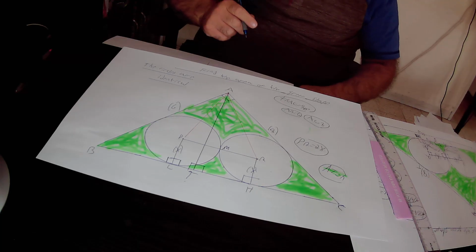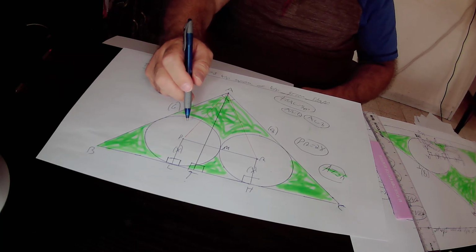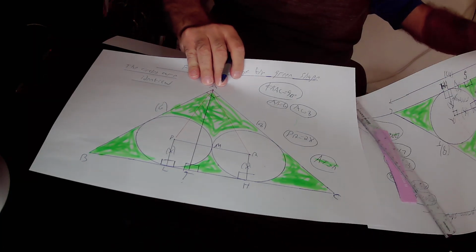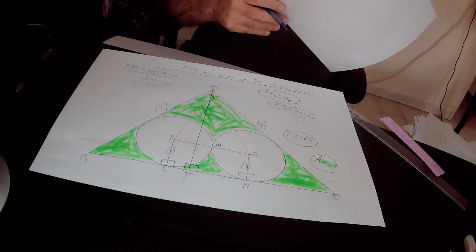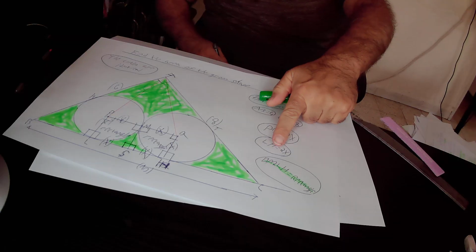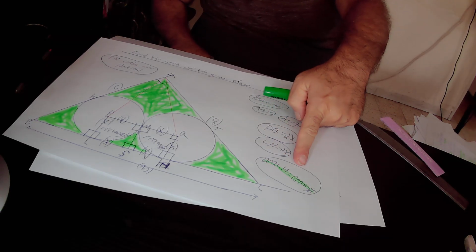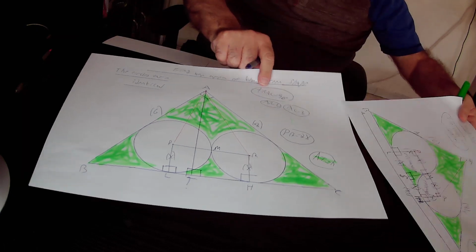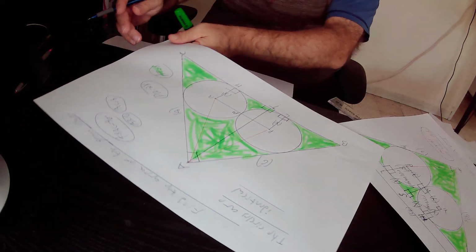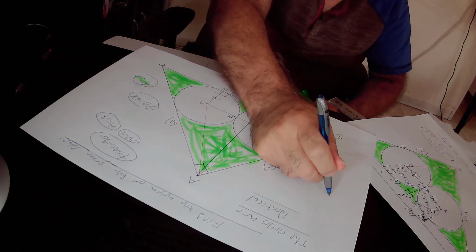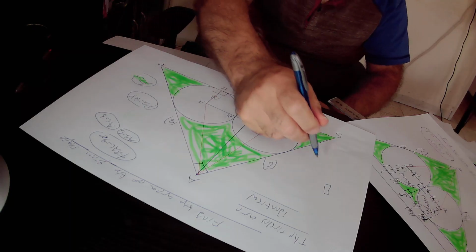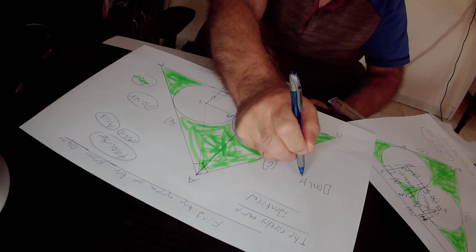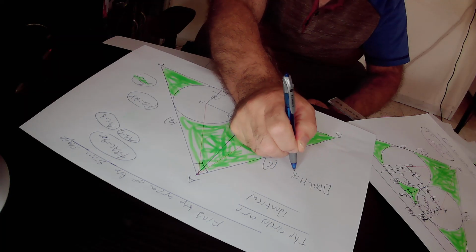In the next step we focus on this rectangle PQHL. We already found out that PQLH is a rectangle, according to what we already found out.